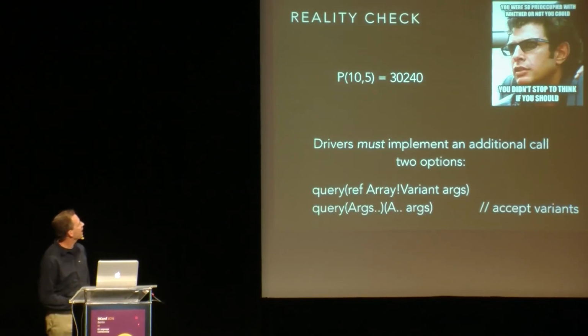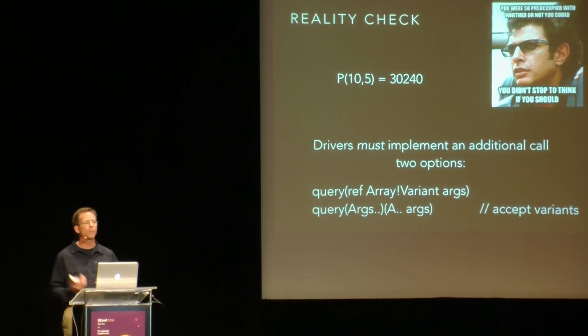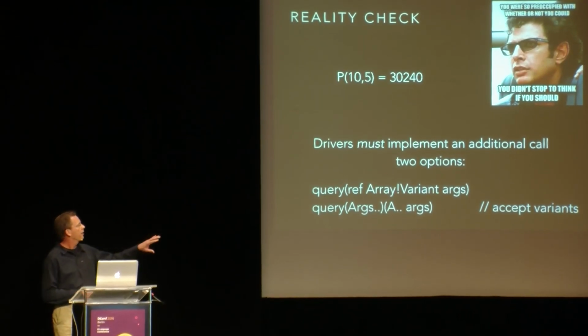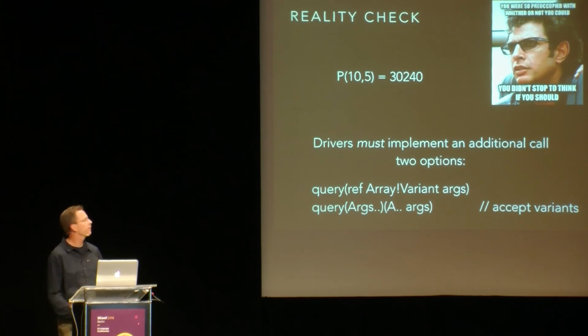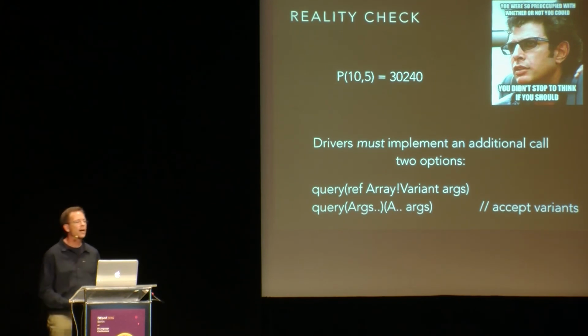Now I can imagine that this is something people may want to do in the future. I think in this case it's just overkill. Clearly the drivers are forced to take both the compile-time version and just an array at runtime. It's not a big deal for the driver, but it's workable.